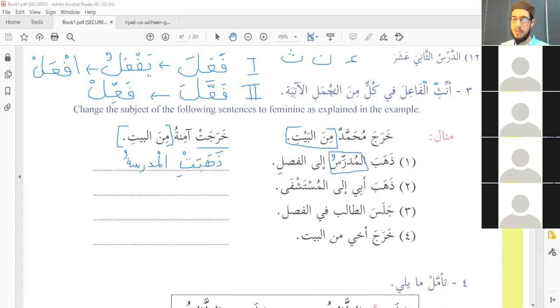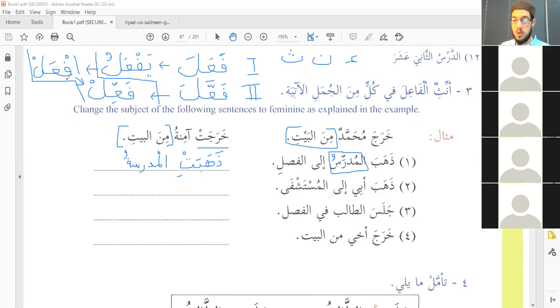Getting back to our sarf lessons. Okay, so we know how to make the command. This is the command here, fa'il. How do we make the fa'il? Let's see, how am I going to run out of space here? So this is the command. If we want to make the doer, let's try to line up things here. Okay. All right.